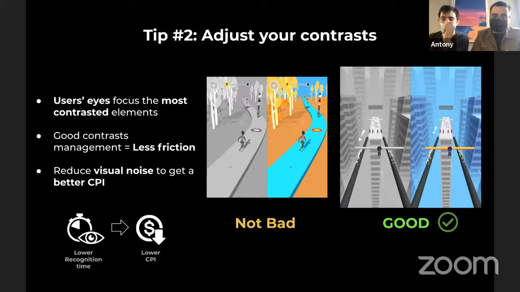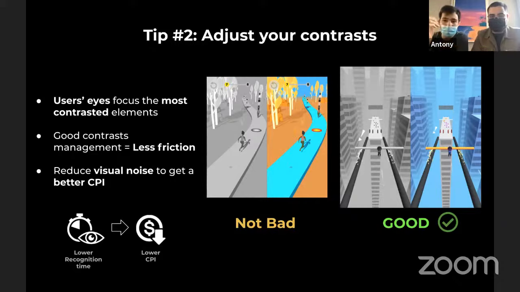It's a good start to see if the most contrasted elements will be the gameplay ones. For example, on the left, we have an environment that is cool, but the problem in this example is that the trees are really bright and they are not a gameplay element at all. It could create noise or friction, and it will raise the recognition time.